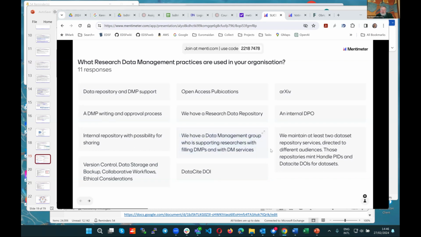While everybody is adding, or many people will probably still add, if somebody answered that the data management group helps in filling in the data management plan, are these people called data stewards or not?